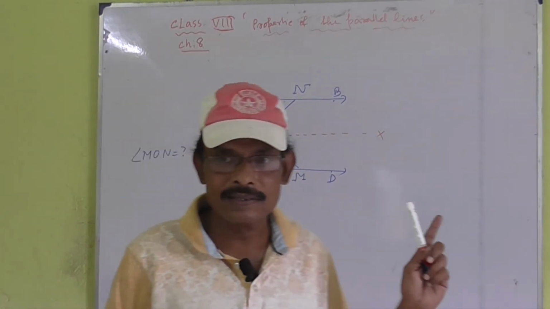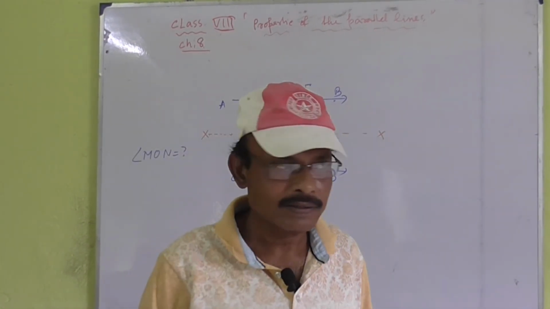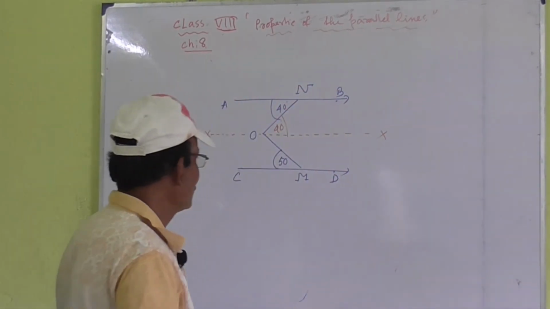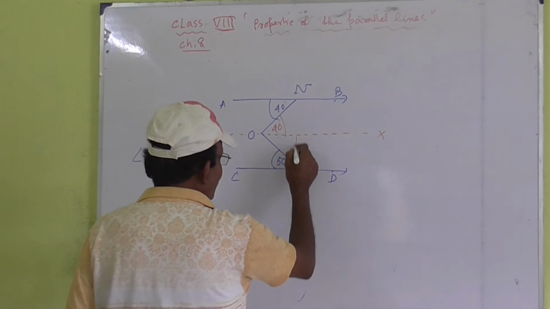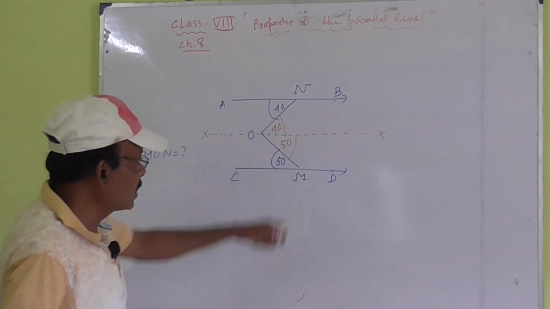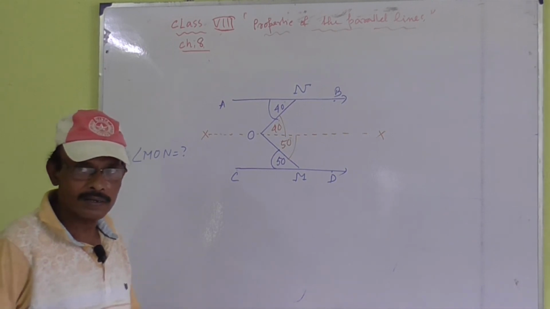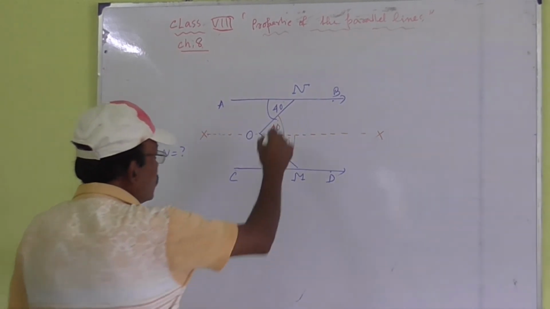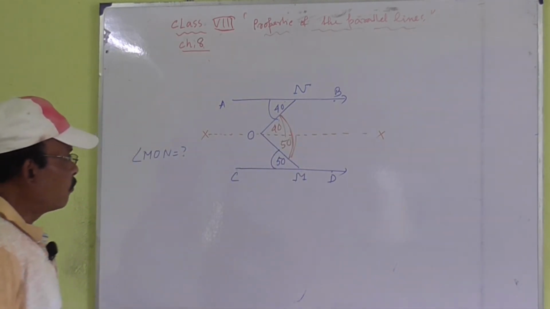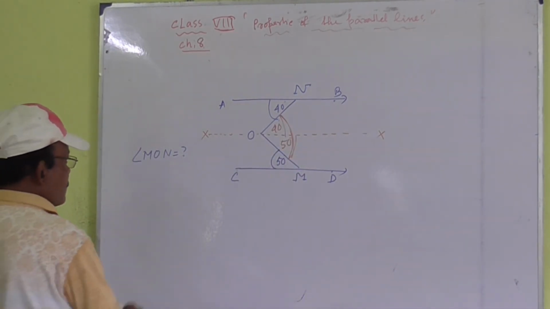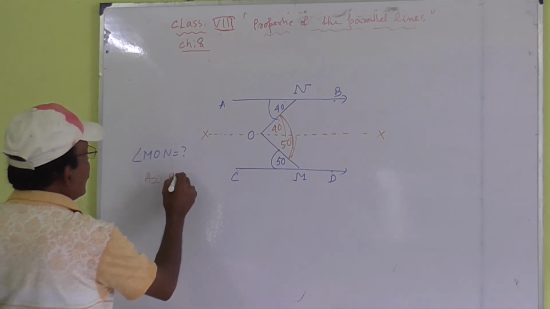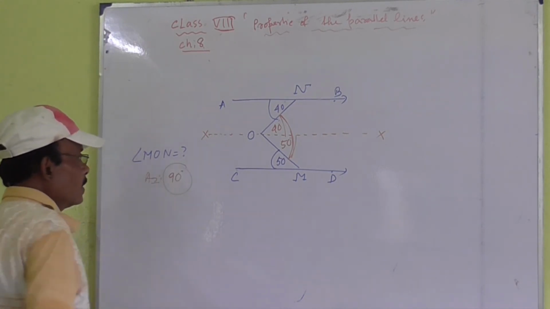Because these angles are alternate angles, and we know that alternate angles are equal. Clear? And this angle is 50 degrees and this angle is 50 degrees, because these two angles are alternate angles. Okay. So, these two angles 40 degrees and 50 degrees, so the answer is 90 degrees.